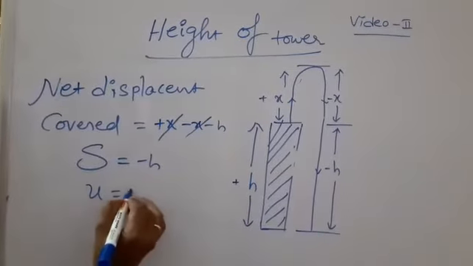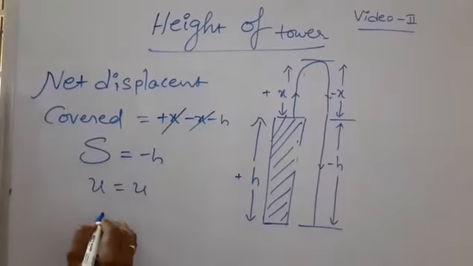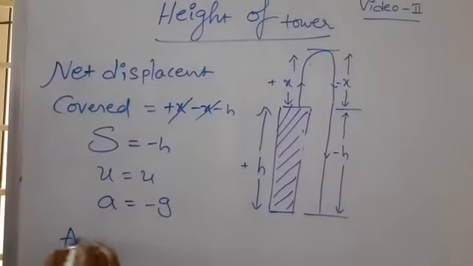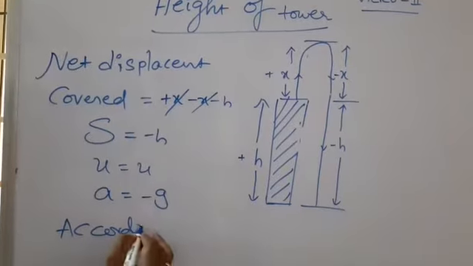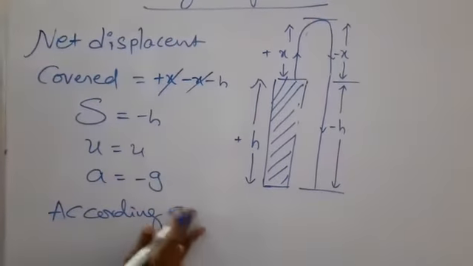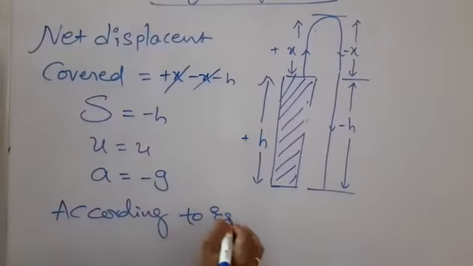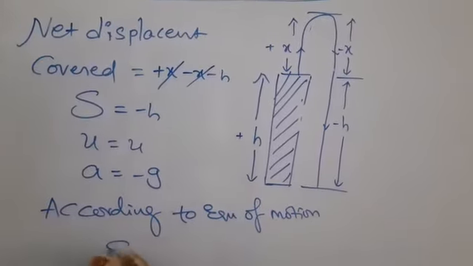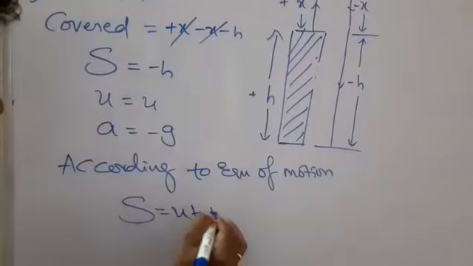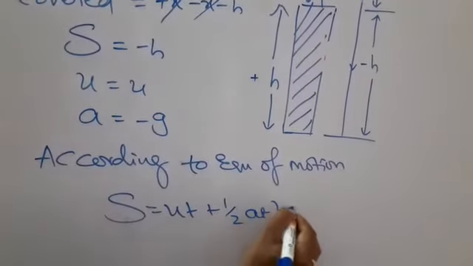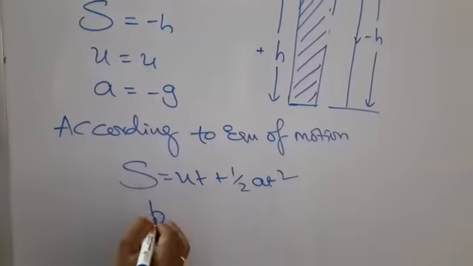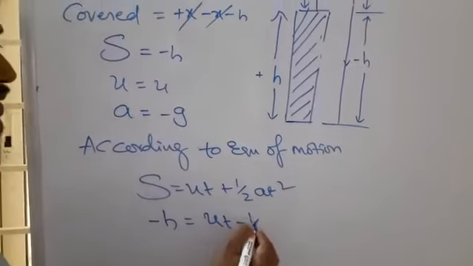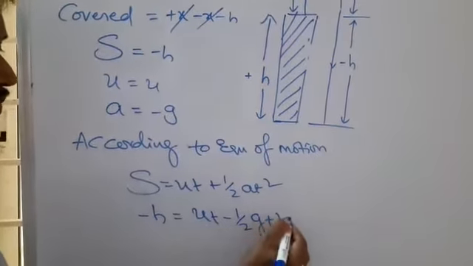Here the body is thrown vertically up, with initial velocity u, against gravity, a is equal to minus g. So according to the equation of motion, s is equal to ut plus half at square, where minus h is equal to ut minus half gt square.